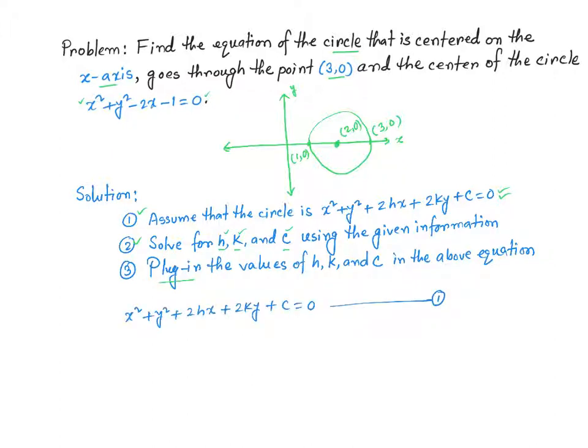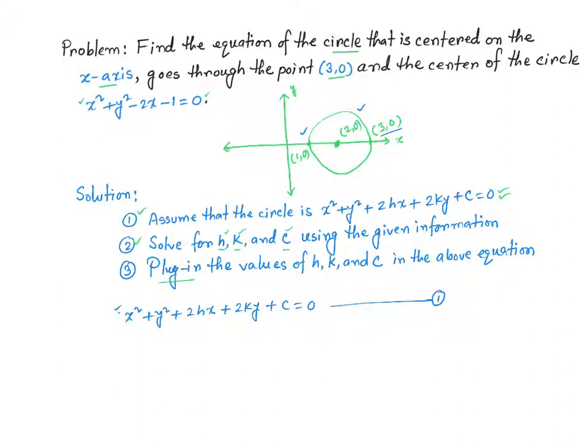Now let's call this assumed equation number 1. And this equation, by the way, is going to represent this green circle. Now this green circle goes through the point (3, 0), so it must satisfy this equation. And also, please do keep in mind, it goes through the point (1, 0), so it also is going to satisfy this equation.